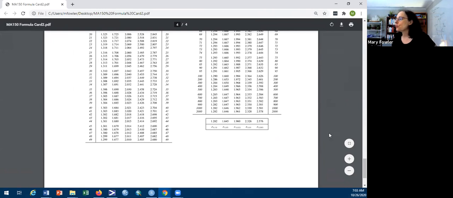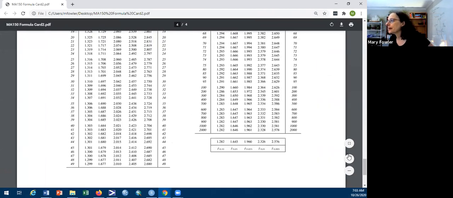Okay, so we are looking for Z, so 0.025, and we see that it's 1.960.